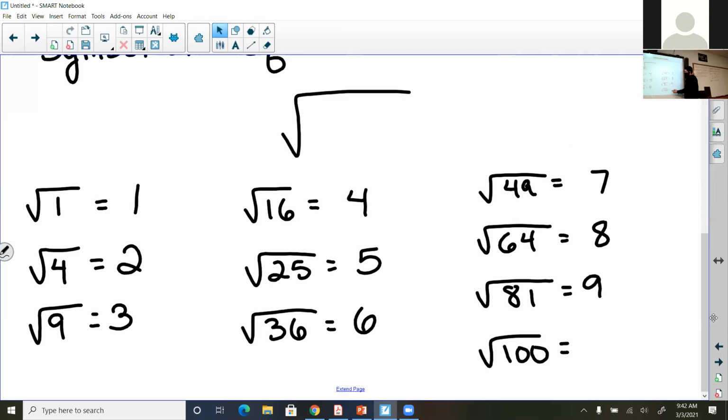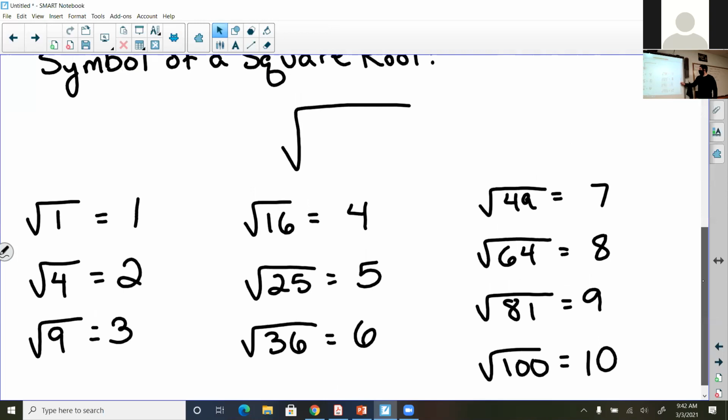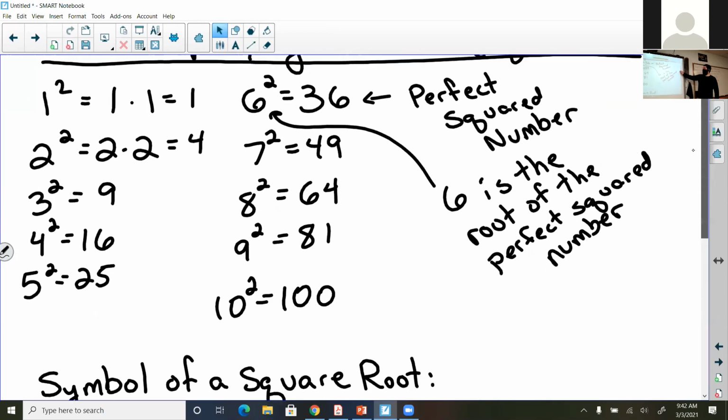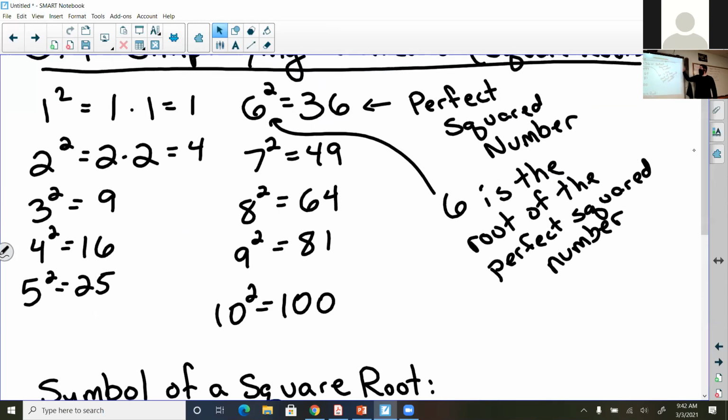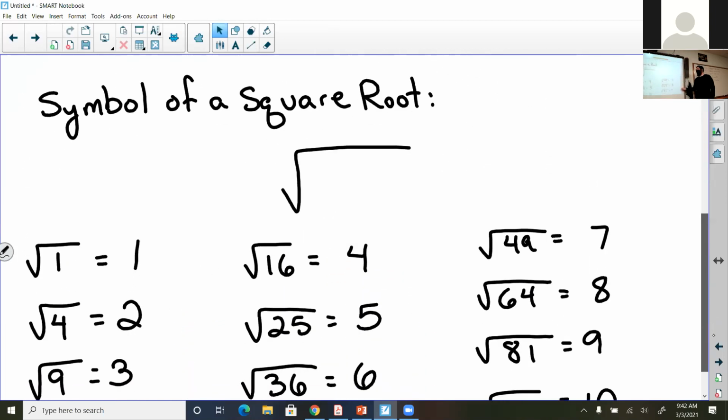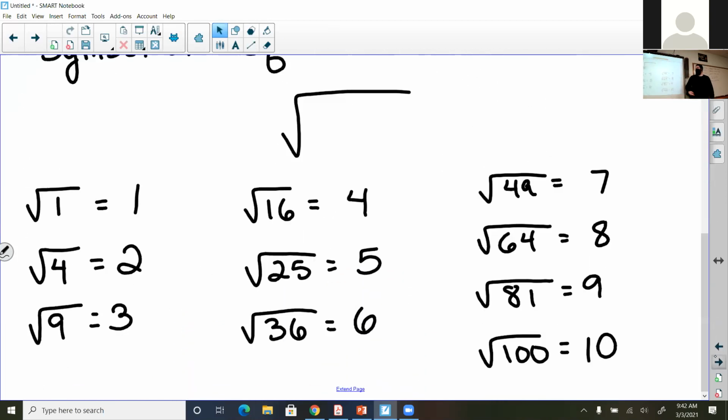Square root of 81 is 9, and the square root of 100 is 10. So you can see how squaring and square roots have a similar relationship. Above, I squared each of those numbers, and as a result, I got their perfect squared answer. Now, if I square root all those perfect squares, it brings me back to their root, or their square root.